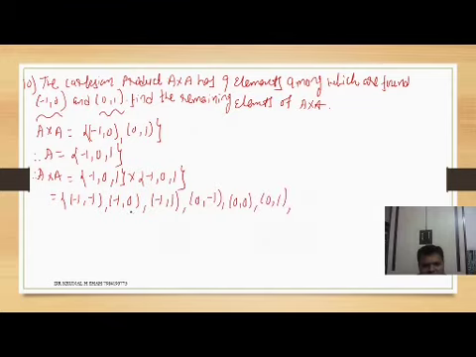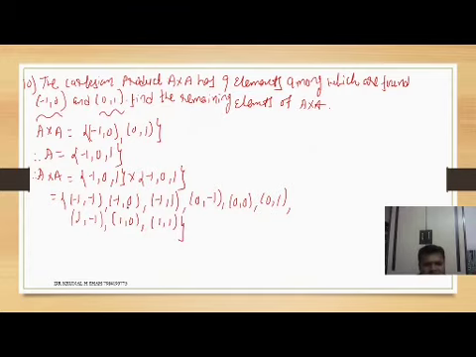Okay, 0 के लिए खत्म हो गया. Now let's start with the 1. So 1, -1. Next is going to be (1, 0). Next and the last (1, 1). Total 9 elements are there.